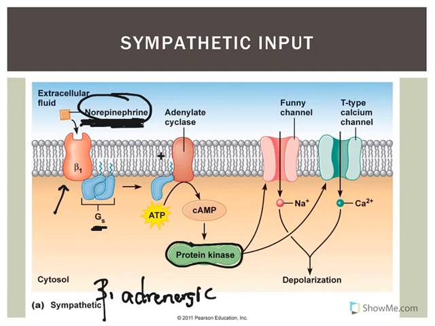It phosphorylates the funny sodium channels, which, remember, are in the SA node. Remember, they're called funny because they're not responsive to tetrodotoxin. Tetrodotoxin does not affect those channels because they're different from other sodium channels.